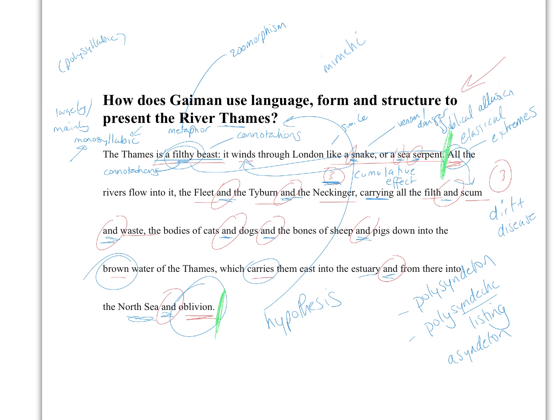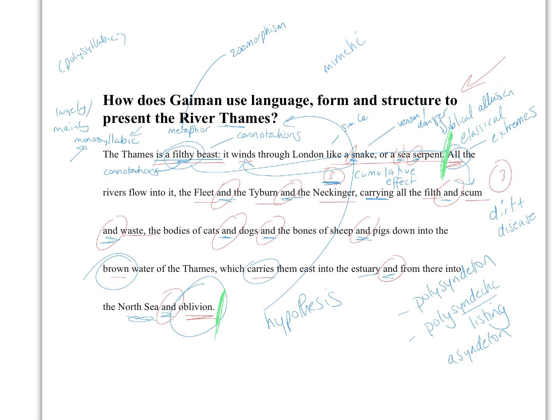So we can talk about the sentence length reflecting the meaning. We're never just going to point out that something's a simple, complex, compound, long or short sentence. You're always going to tie it into the effect and the content of what's being said. So here, a big long multi-clause sentence reflects the idea of the river being unstoppable, being powerful.